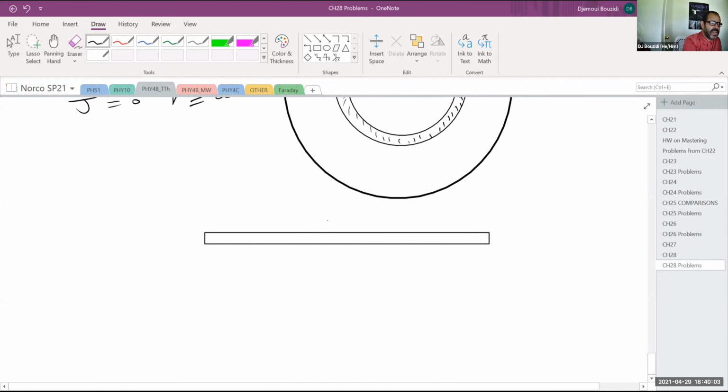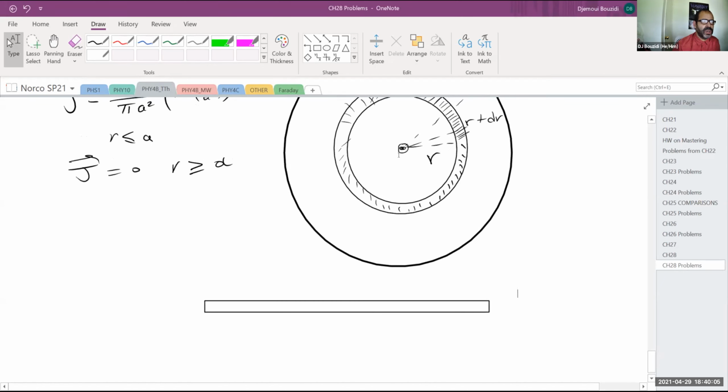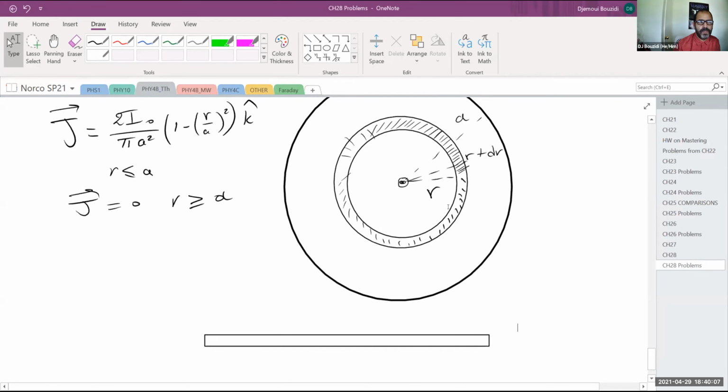The length of it is going to be the circumference of this circle whose radius is r, and that is 2 pi r. So this distance is 2 pi r and this distance is dr. What is the area dA of this strip?